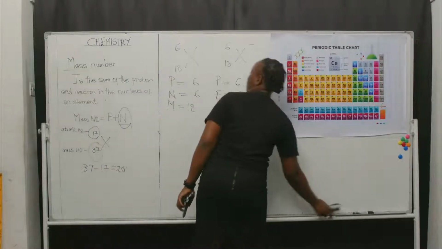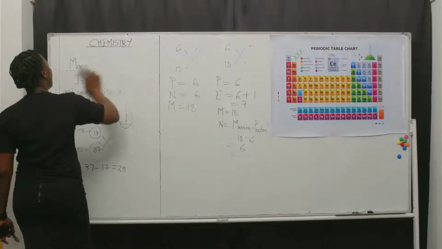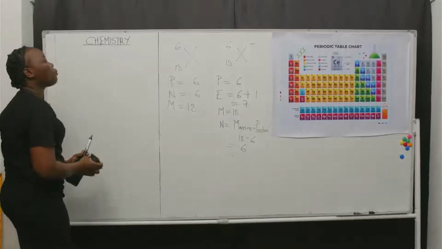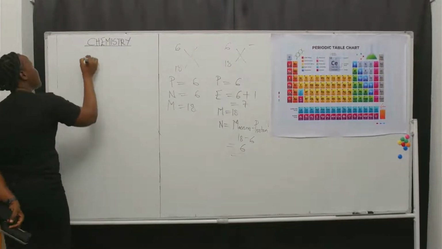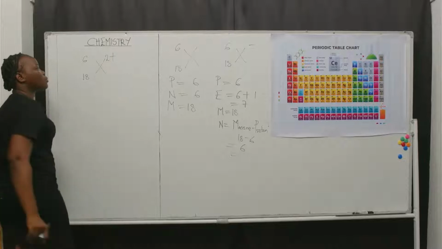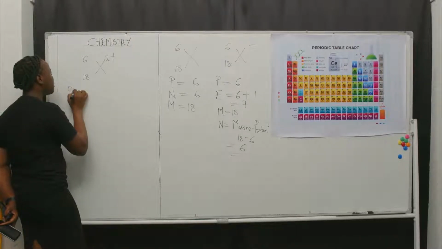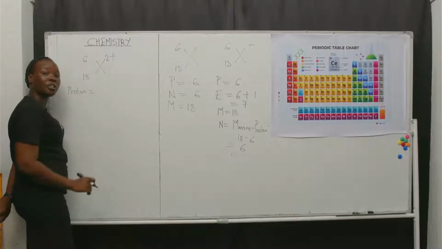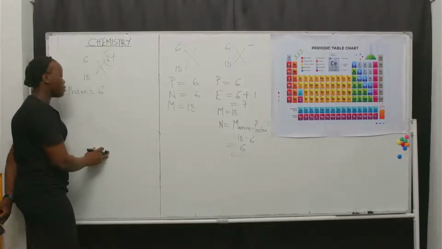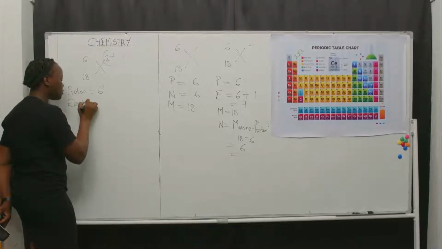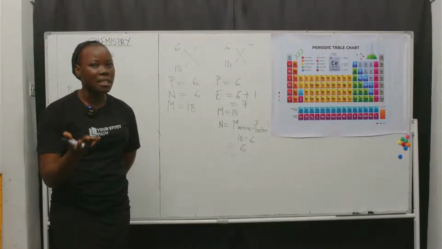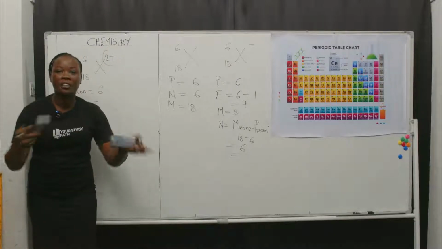Let's take a couple more examples. Let's try for a positively charged atom. This is 6, this is 18, this is X, and you have a 2 plus. My proton number is still the atomic number, which is 6. This element carries a charge, so my electron will not be 6. Since it carries a positive charge, that means it's a cation. And cations give out electrons.